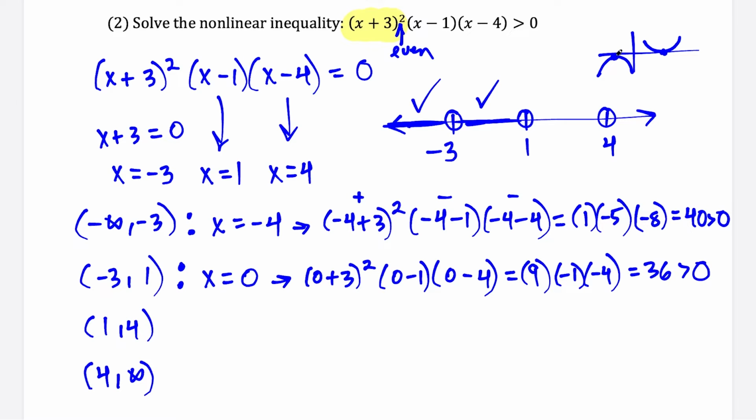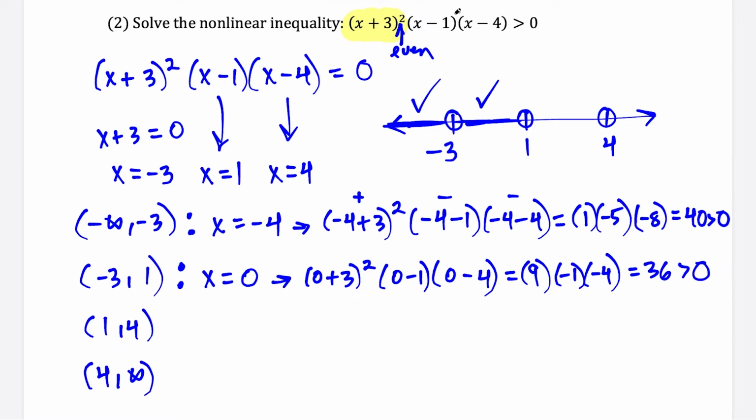That's when your graph is tangent to the x-axis, but it doesn't actually go through once it hits the x-axis. So that's what's happening here, and that's why we do not have a sign change around here. If I say that on this interval I had a positive output value, then this interval I had another positive output value, there's no sign change because the factor has an even power attached.